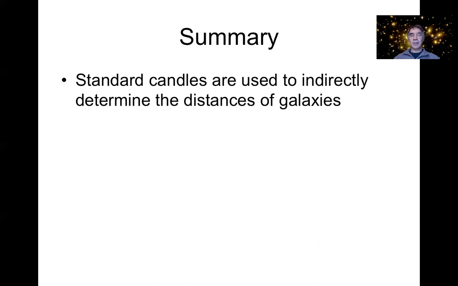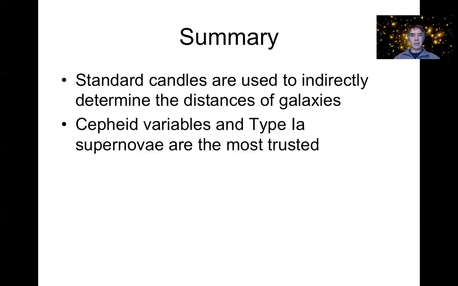Another key component of all of this is the idea that the Gaia satellite will measure very accurate parallaxes for lots of Cepheid variables in our galaxy and really put that method on a much more precise foundation than it has been previously. And then the type 1As get you much further out into the universe.